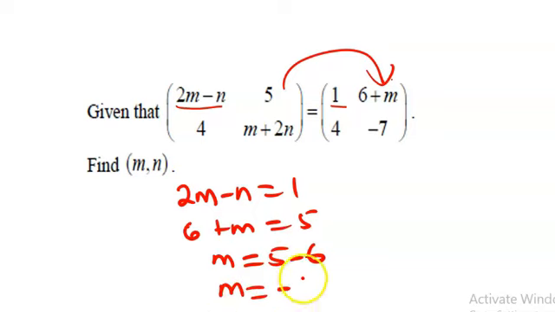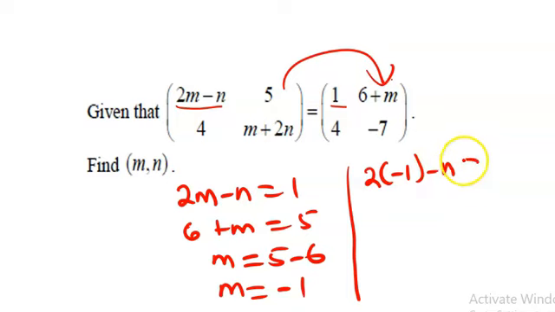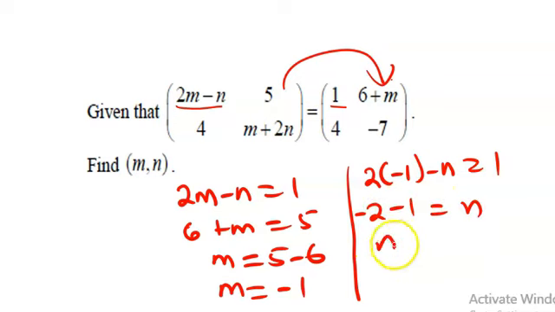M is equal to minus 1. And then we said that 2m minus n is equal to 1, but m is minus 1. So 2 times minus 1 minus n is equal to 1. We can send this one to this side. So minus 2 minus 1 is equal to n. So n will be minus 3.